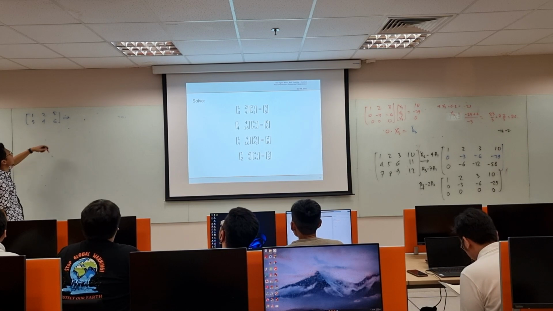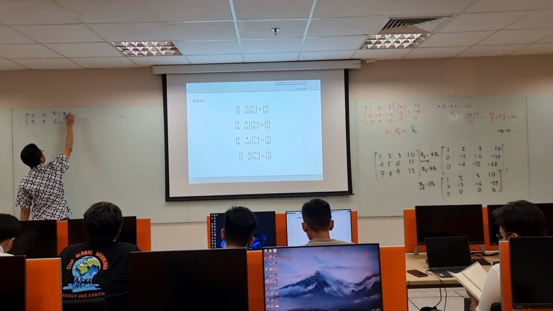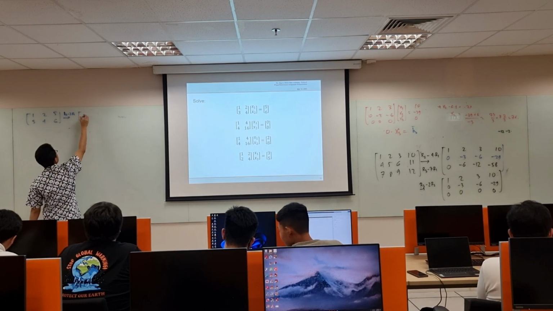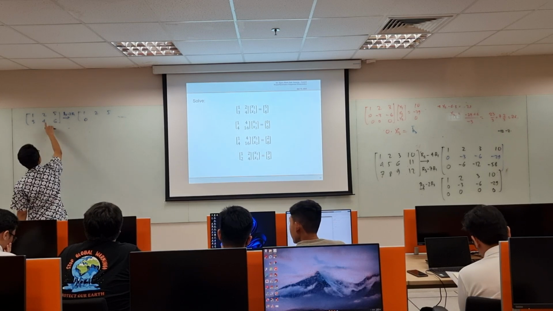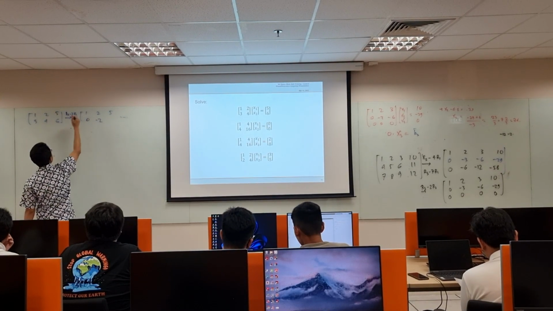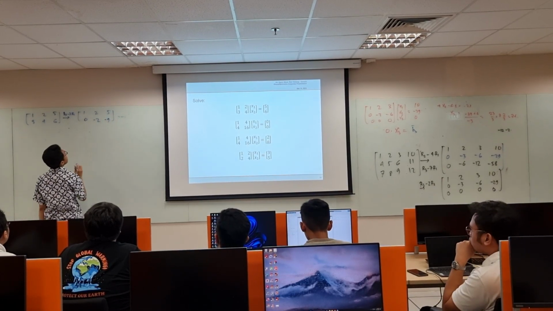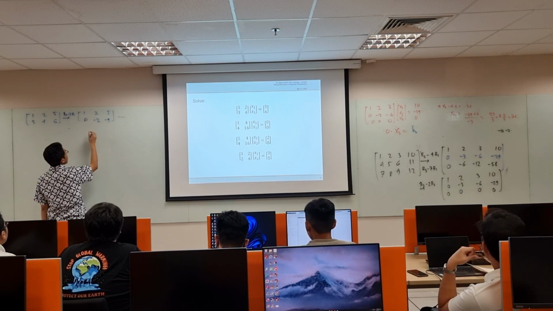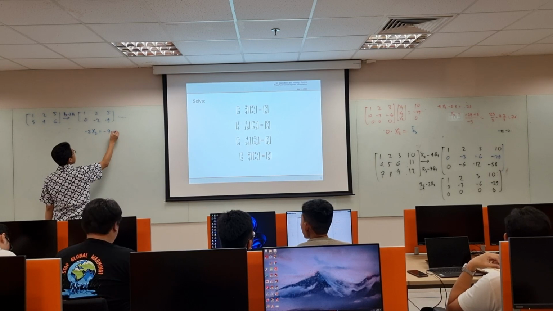Row 2 minus 3 times row 1, yeah? Row 2 minus 3 row 1. And then we have 1, 2, 5, then 0, 4 minus 6, and 6 minus 15 is minus 9, yeah? So you have the equation minus 2 x2 equal to minus 9.